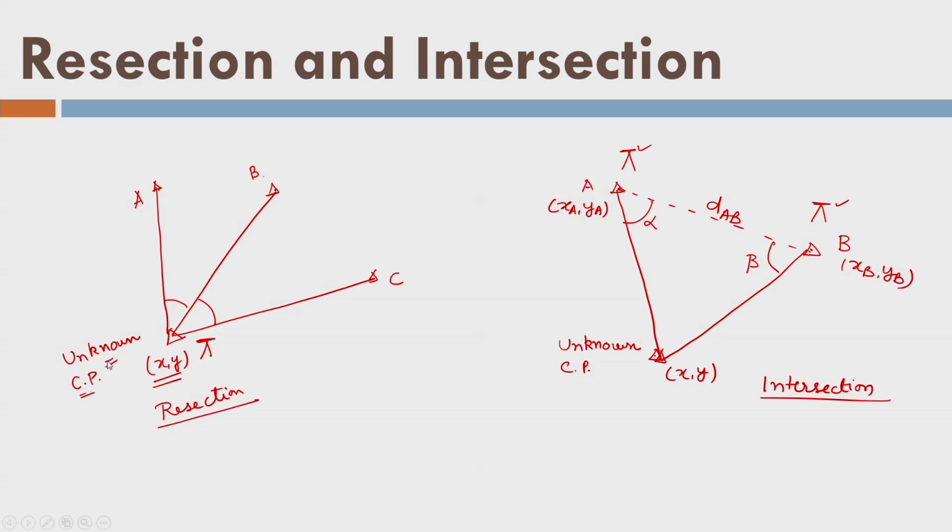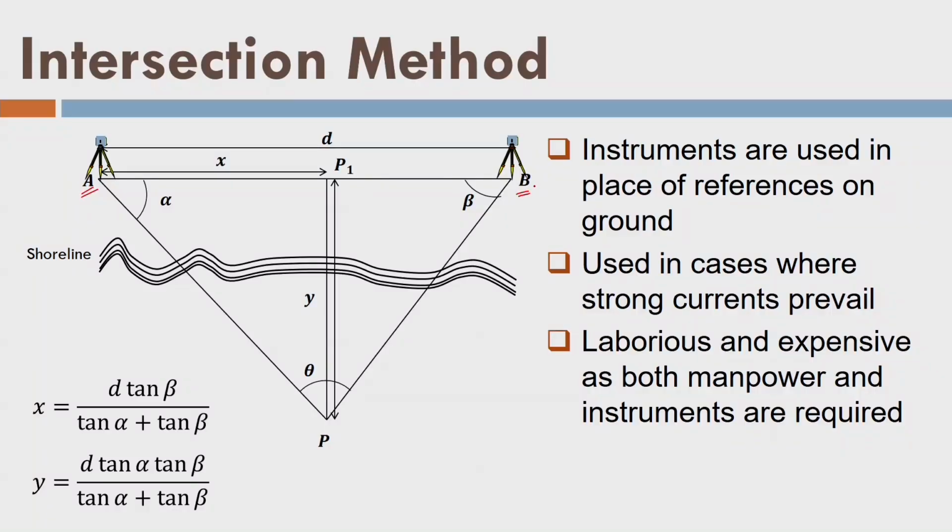So, now we are using the same methods for the purpose of hydrographic surveys also. Point A and point B are known control points from where I am measuring the position of the boat, that is P here. So, it is the boat position at a given instant. This distance d is known from the map or maybe from the field itself. Then what will I do?